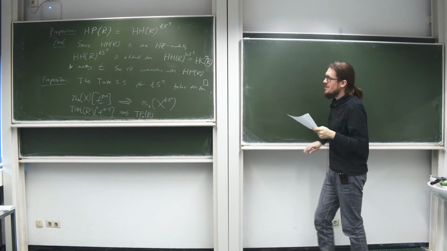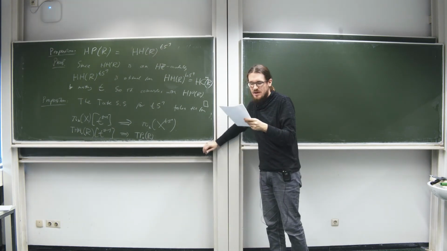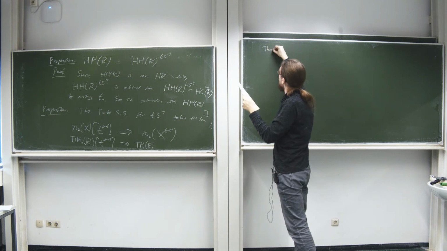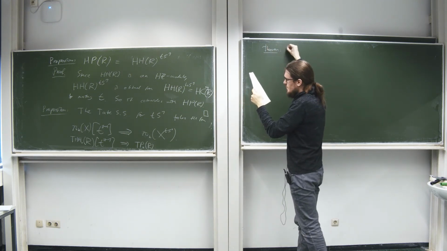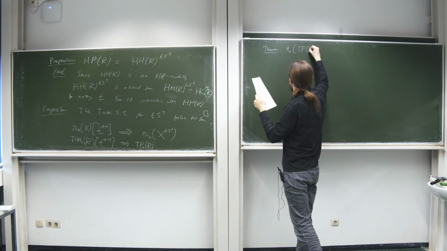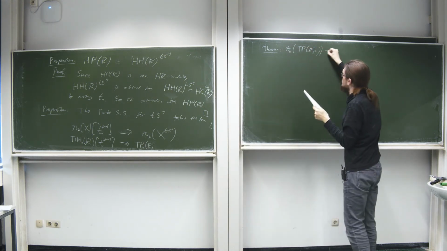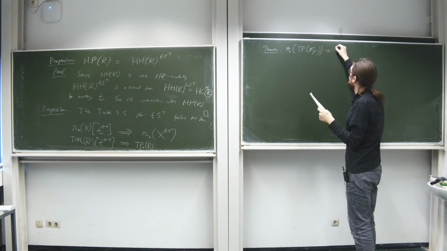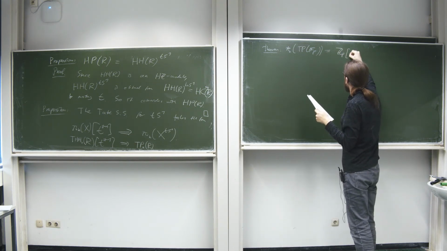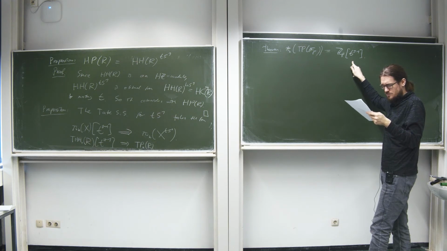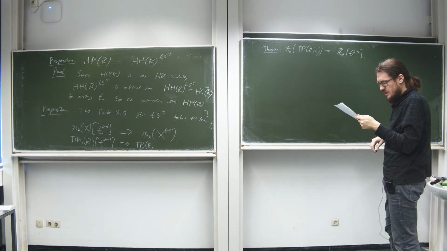And so very much along the lines of what we did for Tc minus, we can also now compute the case of Tp of Fp. So the claim is that the homotopy of Tp of Fp is really just this kind of periodic thing. And how do we prove that?